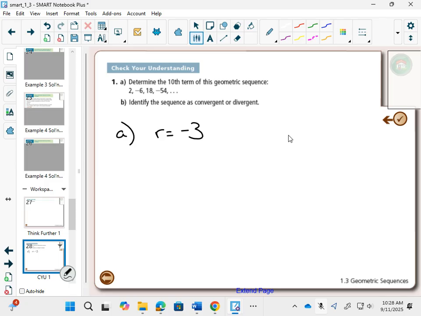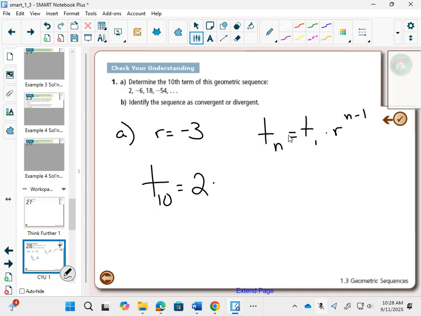I could just go to my calculator and keep multiplying by -3 and list all 10 of them and find that 10th term. However, we already talked about the formula. You can take term 1 and multiply by r, n minus 1 times. So here, if I want to find term 10, term 1 is 2.